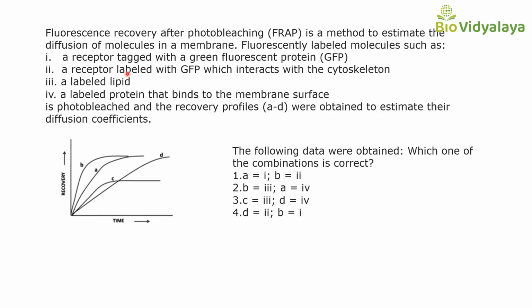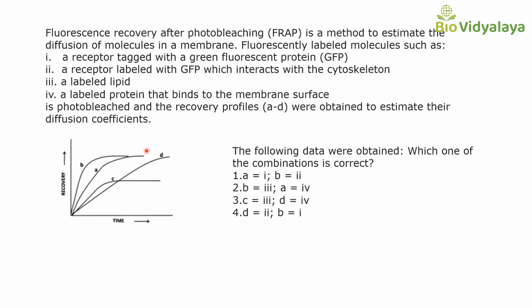A receptor tagged with green fluorescent protein, GFP. 2. A receptor labeled with GFP which interacts with the cytoskeleton. 3. A labeled lipid. 4. A labeled protein that binds to the membrane surface. Each is photobleached and the recovery profiles A to D were obtained to estimate their diffusion coefficient.